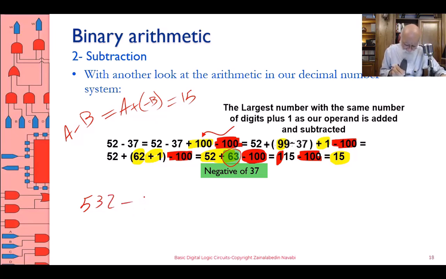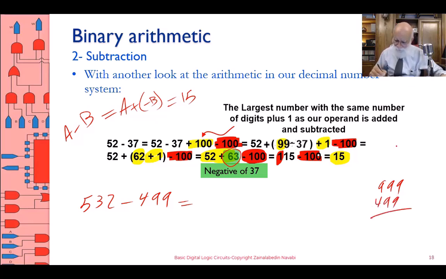You're subtracting 499. Okay? What you do is you take the largest number in 3 digits, which is 999. You subtract 499 from it. That becomes a 0, that becomes a 0, that becomes 500. Then you add a 1 to it. Okay? So this becomes 501.